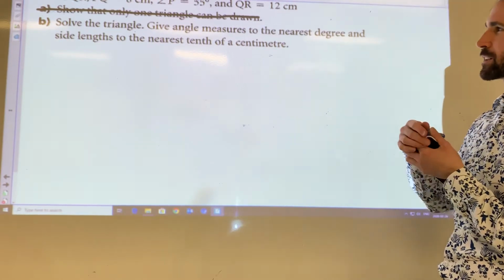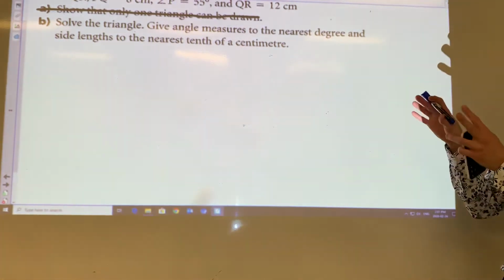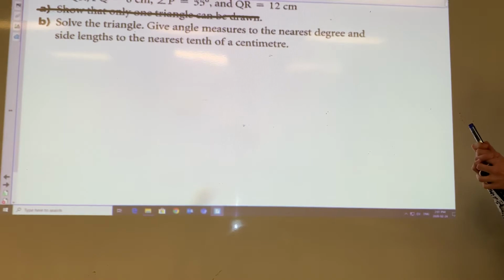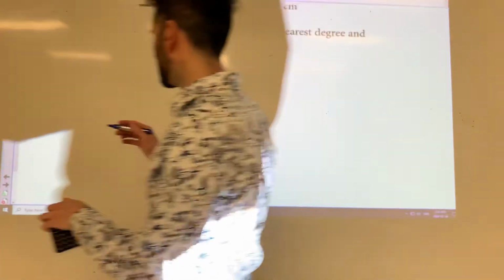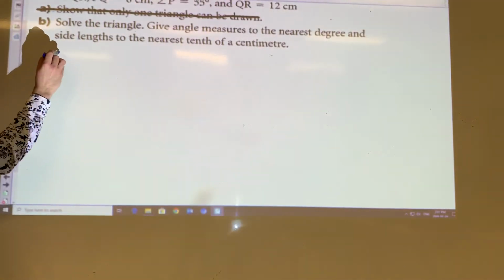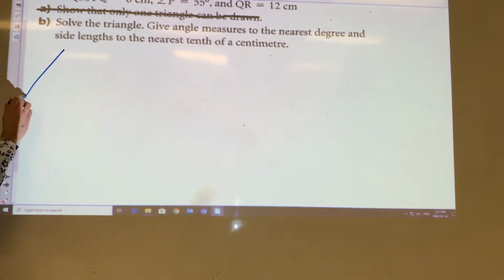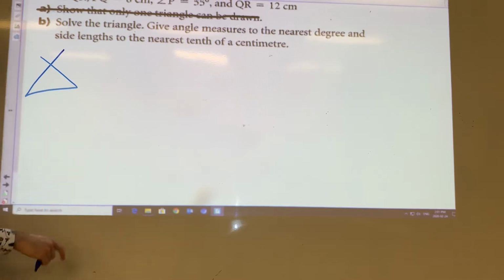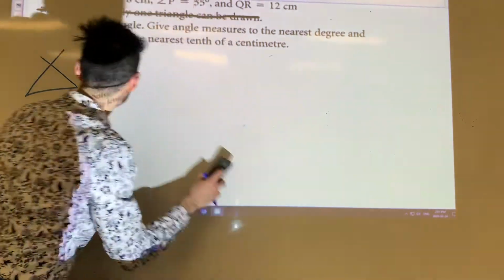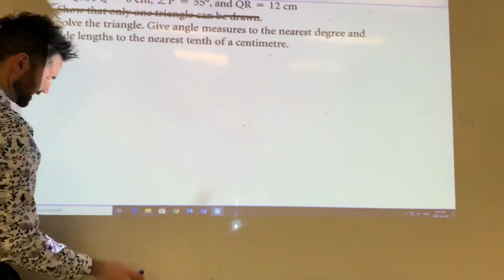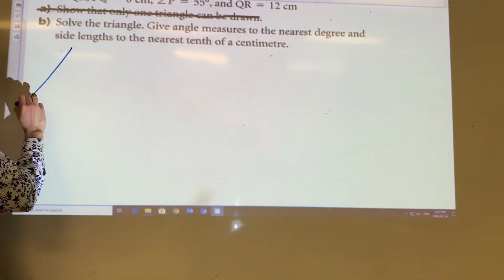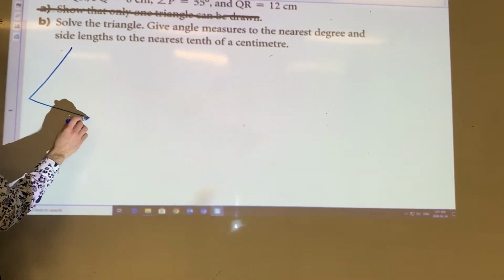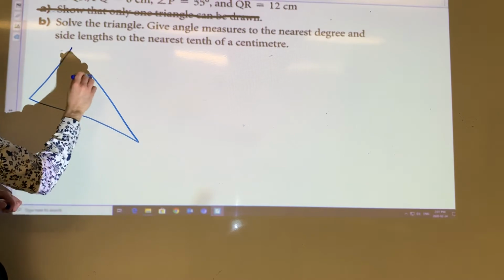So it says solve the triangle. When they say solve, that means we want every single side and every single angle. Now when you're drawing your triangle, just do your best. I'm very bad at this. I always end up drawing isosceles triangles, or things that look like they're isosceles. There.